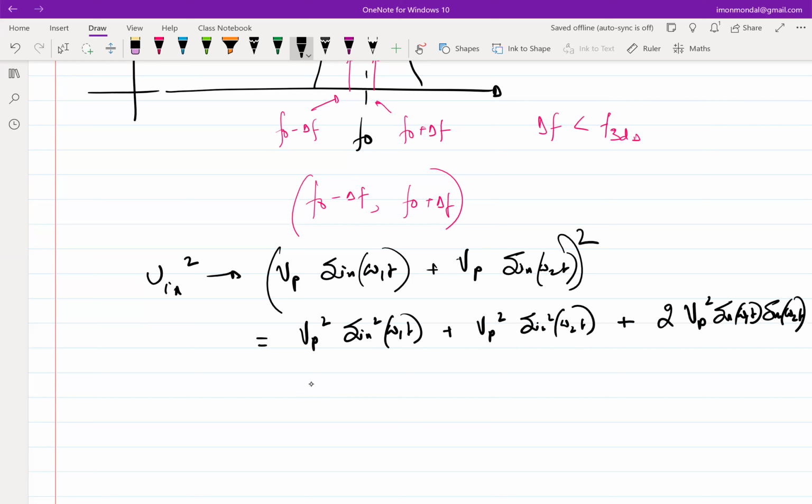So this, if I expand, the first term, if I expand, creates 0 and 2 omega 1. Second term, if I expand, creates 0 and 2 omega 2.